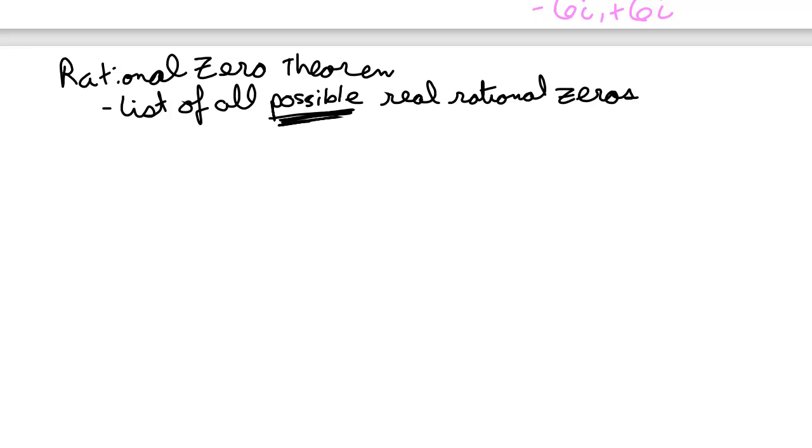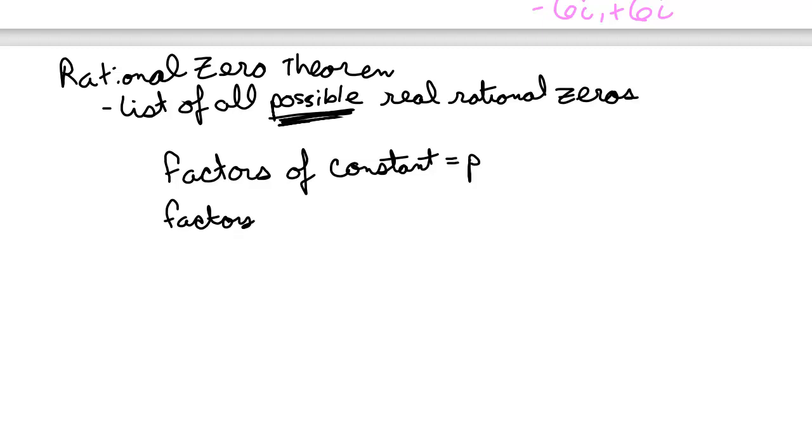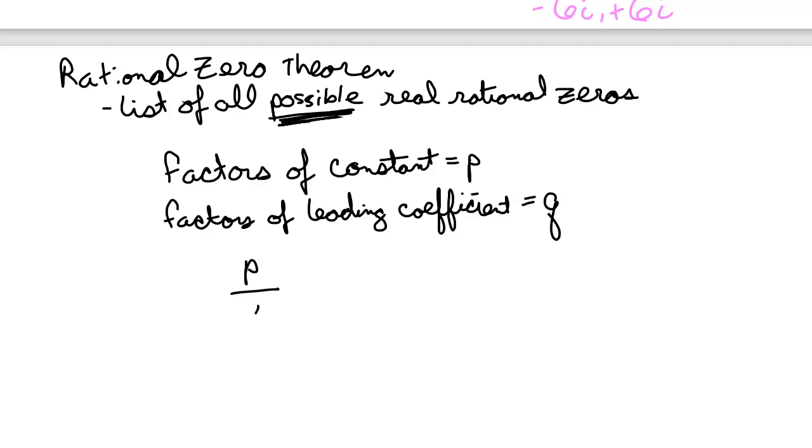And so what this theorem is going to do is take the factors of our constant, which we're going to label with a P, and the factors of the leading coefficient, and we're going to label that with a Q. And so the list of our possible rational zeros is going to be P divided by Q. All of our factors of our constant divided by all possible factors of our leading coefficient.